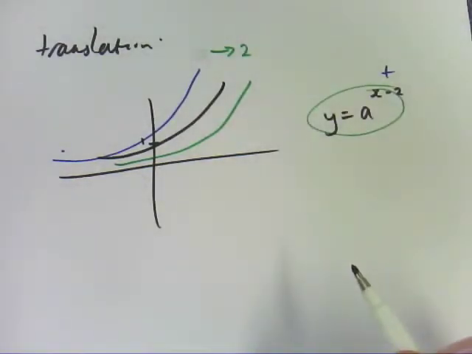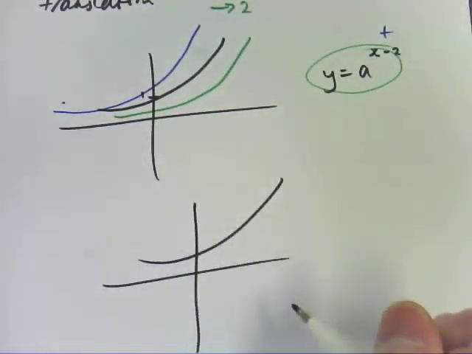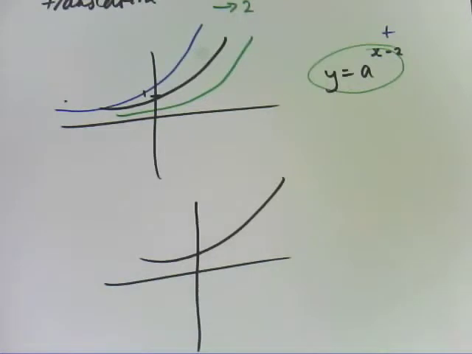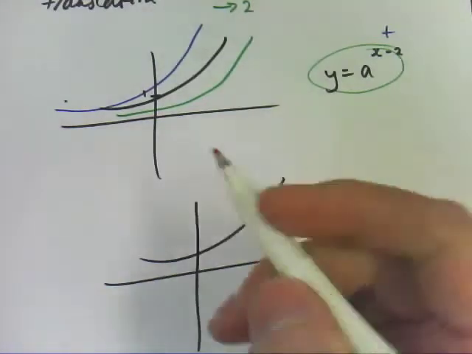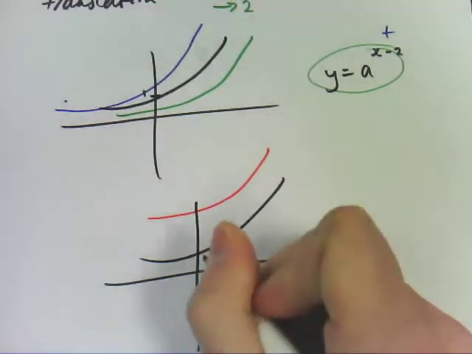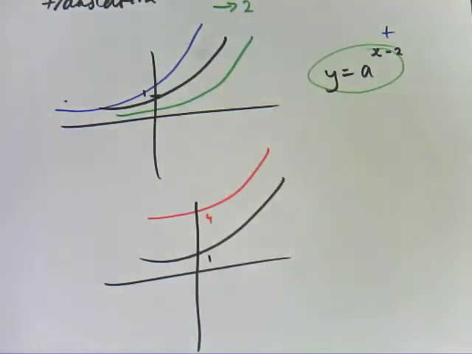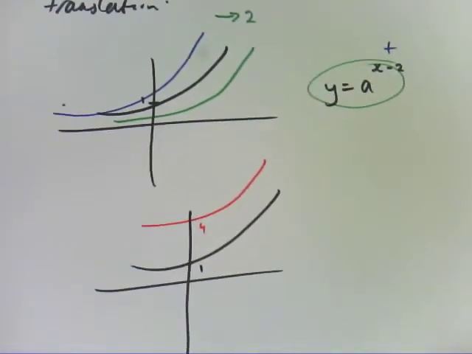So if I wanted to move it up or down though, what's it going to be? So again, let's draw a graph, a standard exponential. If I moved it, so the original crosses the y-axis at 1, this is crossing at, let's say, 4. Okay, what's my equation going to be?